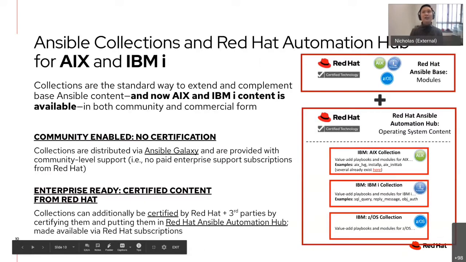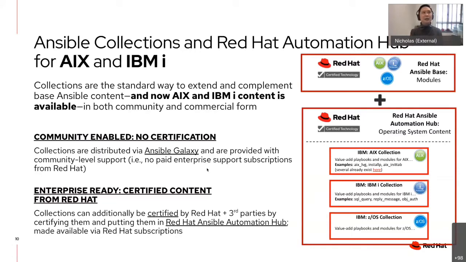Just very quickly, an overview down here is that when you purchase a Red Hat Ansible automation subscription, what you get is enterprise certified content as well, right? Because you will get enterprise support.